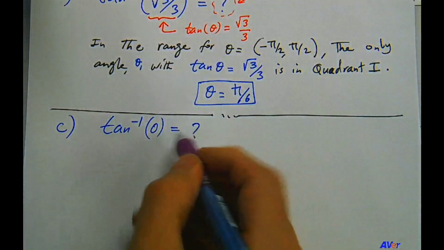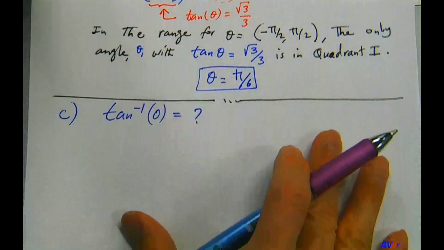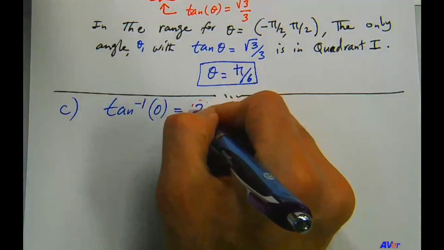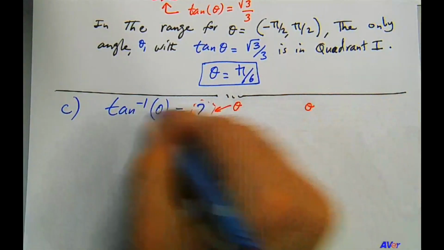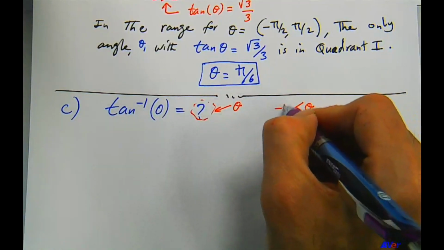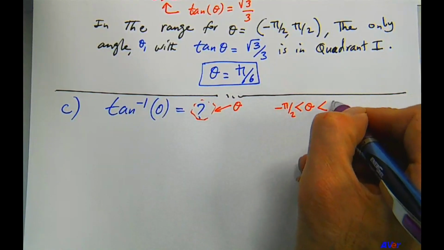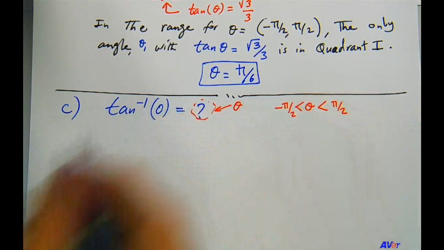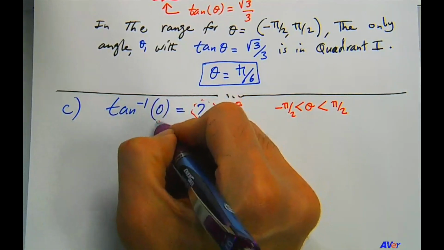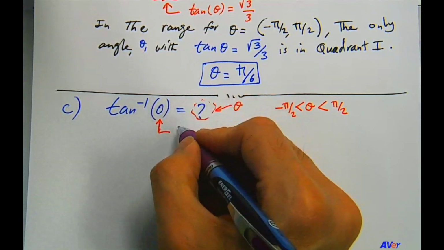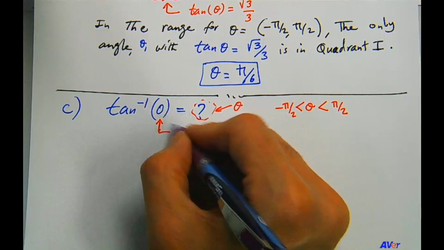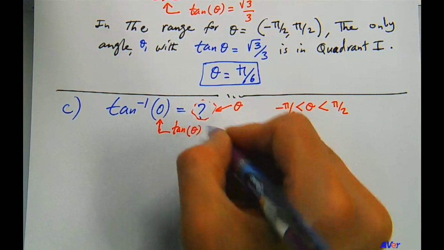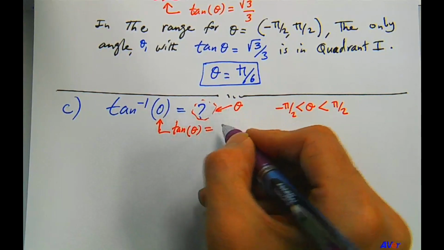Well, on the left we have the inverse tangent. On the right, whatever we have must be a theta, and we know theta for tangent ranges between negative pi over 2 and pi over 2. There must be an angle theta for which the tangent must be equal to 0.